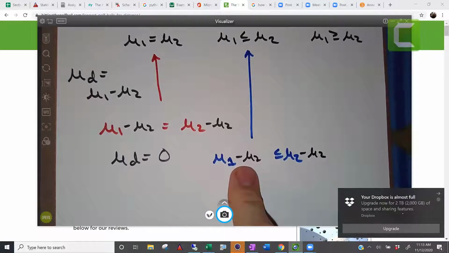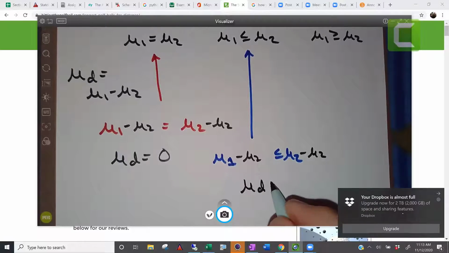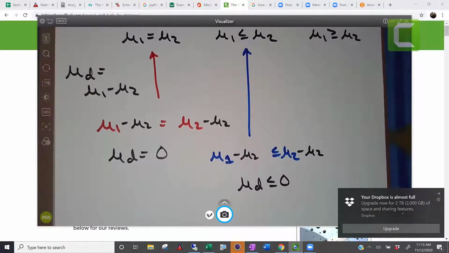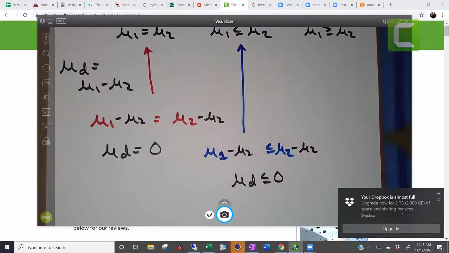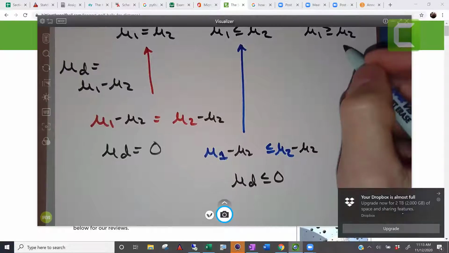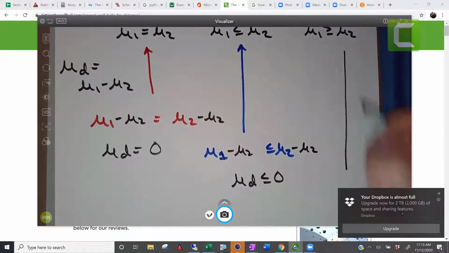Well, kind of like last time, on the left-hand side, I'm going to get mu sub d, and that's going to be less than or equal to 0. Okay. And I think you can kind of see what's going to happen with the last one. Let's do it anyways.